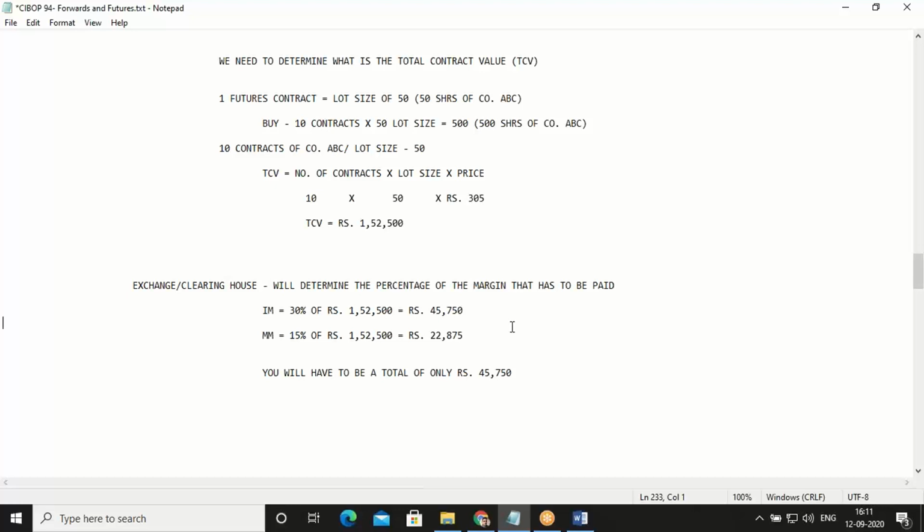It's like saying I'm giving you 100 rupees, but in that 100 rupees, 40 rupees is somebody else's. So you're giving a total of 45,750, but what the exchange is saying is that your account balance cannot go below 22,875. Okay.